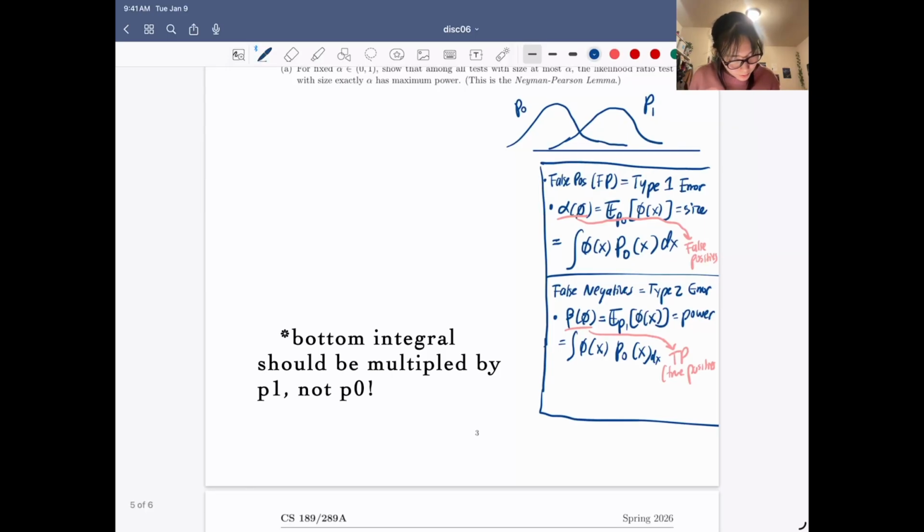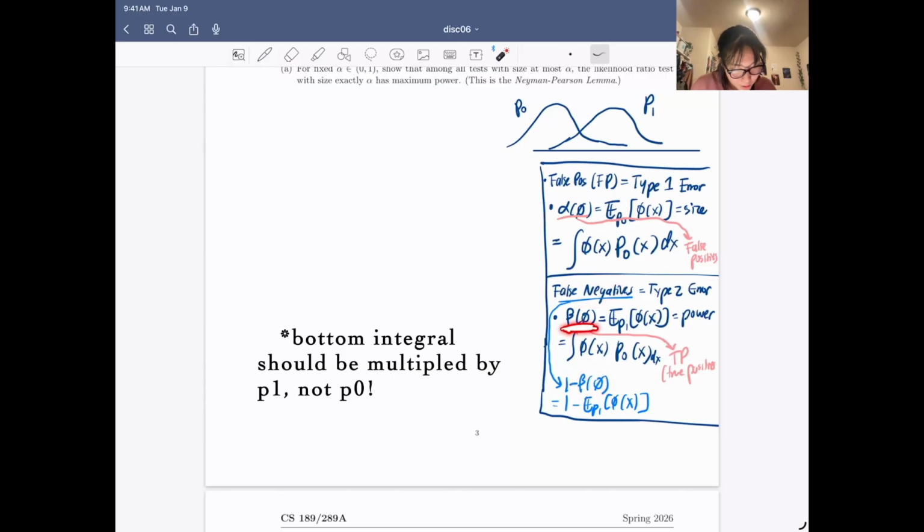So a false negative, which I will put over here, is actually 1 minus this, which is equivalent to 1 minus the expectation of P1 of phi of x. And so false negatives and power are related to each other.